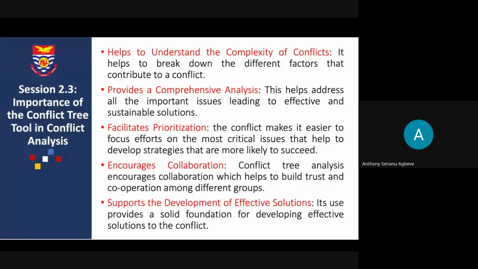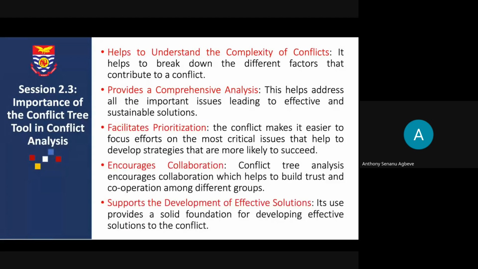And then also it supports the development of effective solutions, right? Yes, because we are able to identify the root causes of the conflict. We're able to identify the effects, right? We're able to group and prioritize the causes and the significant effects. So once you're able to prioritize the major causes and the major effects, the solutions that will be brought will be major solutions.